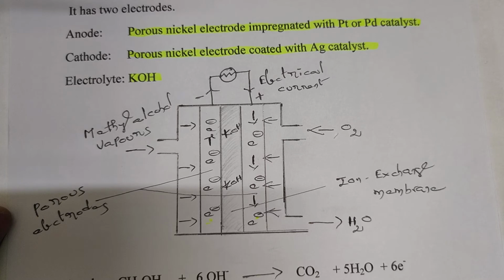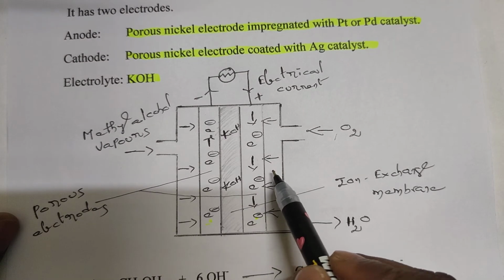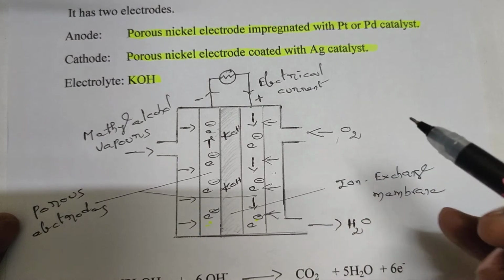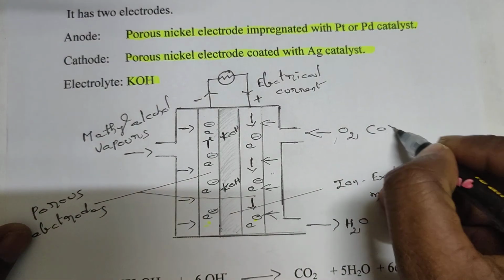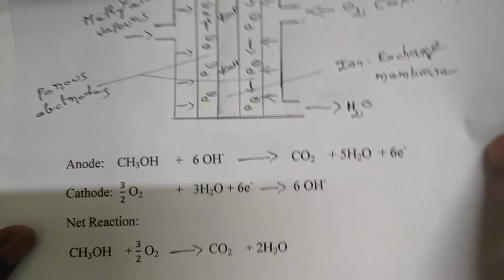Through that porous electrode we pass methyl alcohol vapors, and the cathode is a porous nickel electrode coated with silver catalyst. Through that porous electrode we pass oxygen, which acts as an oxidant.